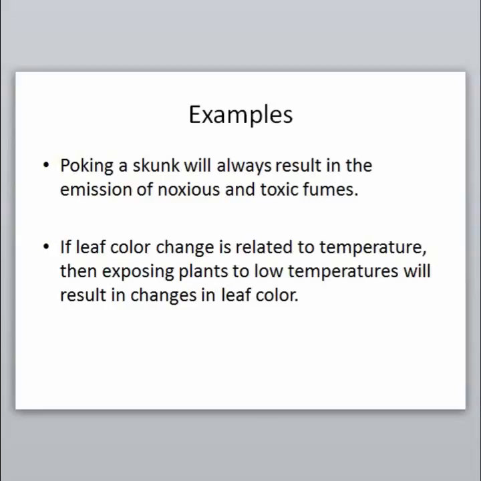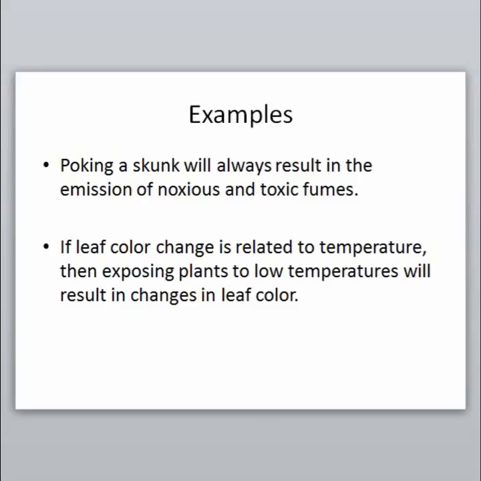Ask yourself, which one determines the other? Do toxic fumes make somebody poke the skunk? Or does poking a skunk cause the skunk to release the fumes? Hopefully we all know that poking the skunk results in the skunk releasing toxic fumes as its defense mechanism.